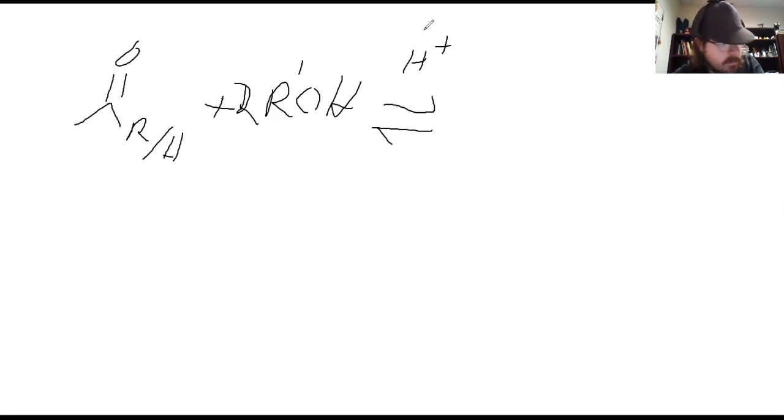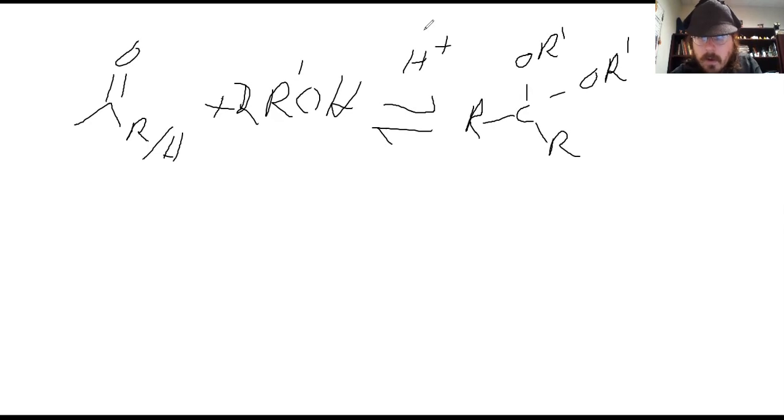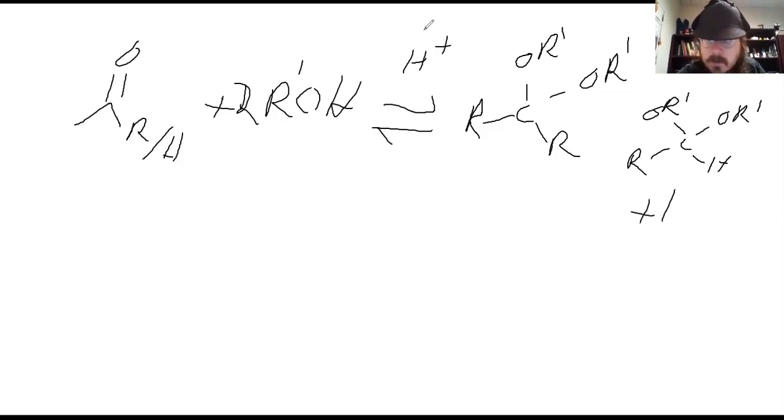And now if you allow this to keep protonating, you're going to have either a ketal or an acetal, plus water, because if you have an excess of ROH, you're pushing the equilibrium to the right.